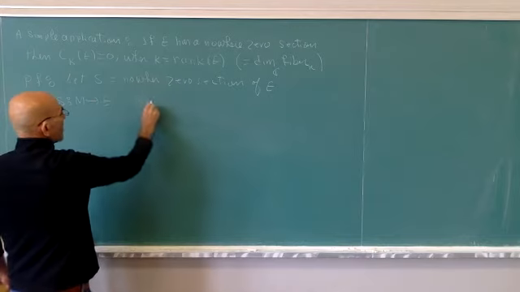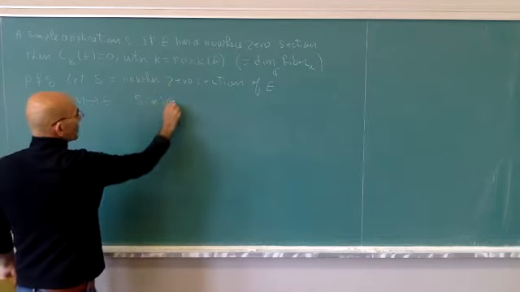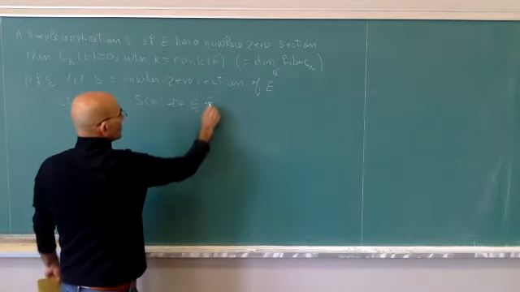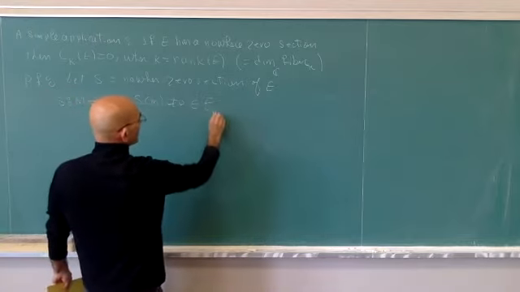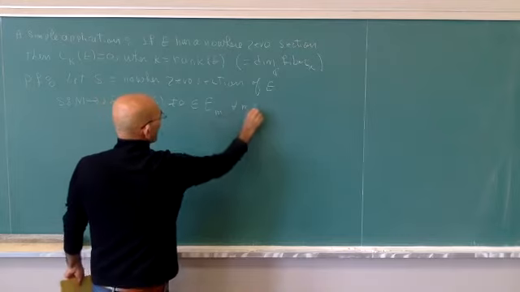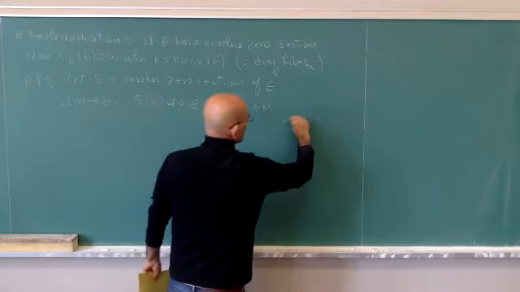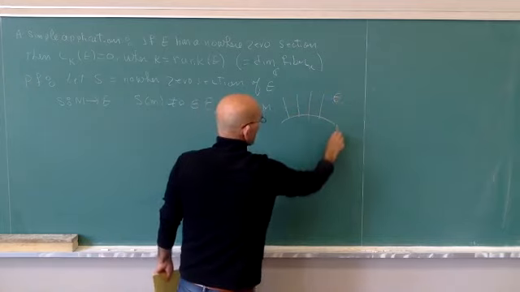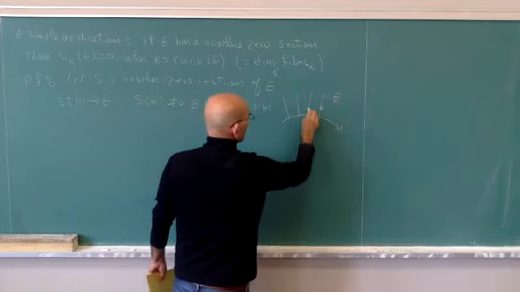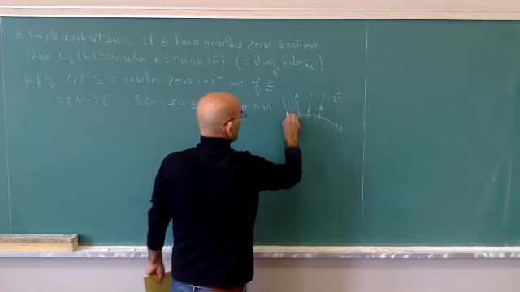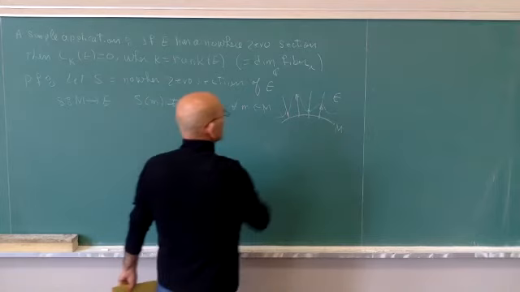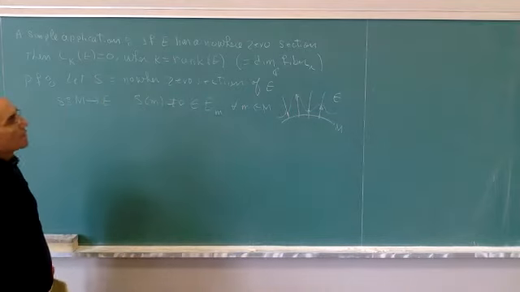So S of m is different from 0, and this belongs to E_m for all m. This is how you think about these things: at each point you have a vector that could change, but that's basically what a section is.